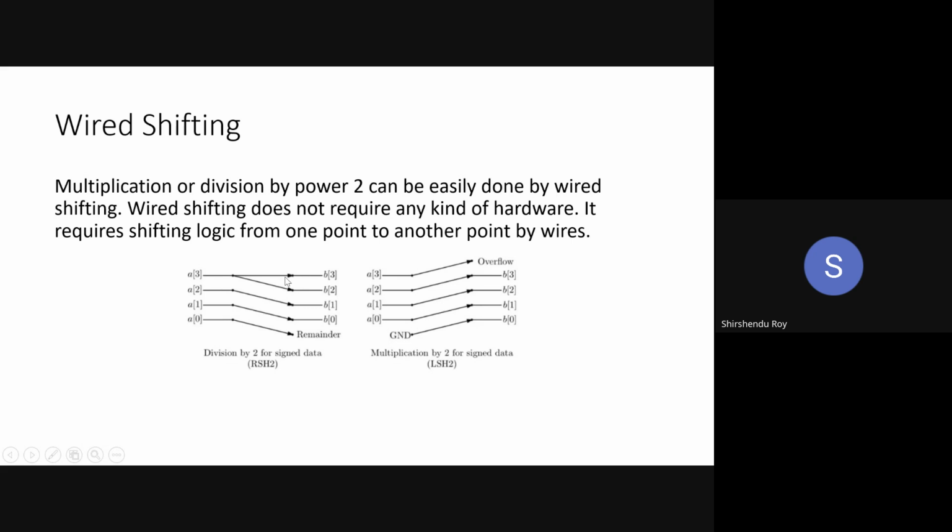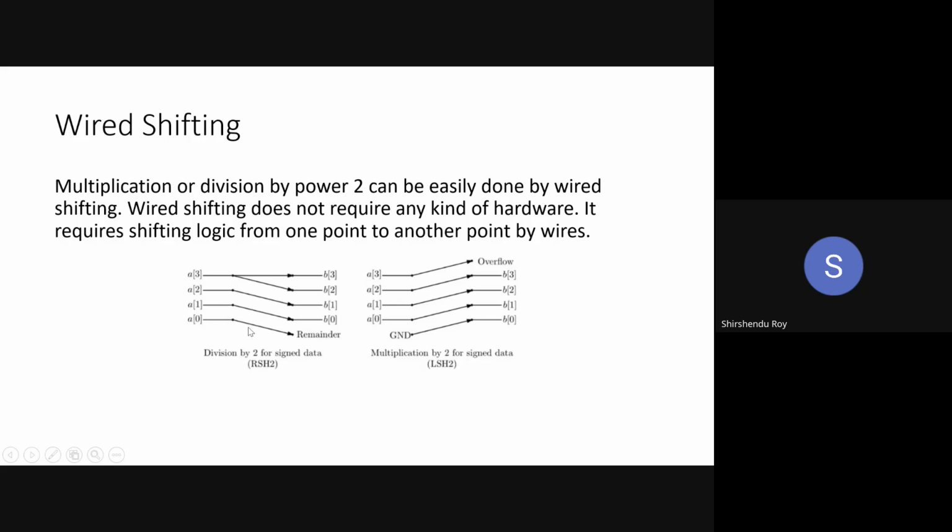That means keeping the sign, you can shift the other bits. The MSB here is A3, A3 going to B3, and A3 shifting to B2, A2 to B1, A1 to B0, A0 to remainder. So we need 4 bits, that's why A0 will become the remainder.